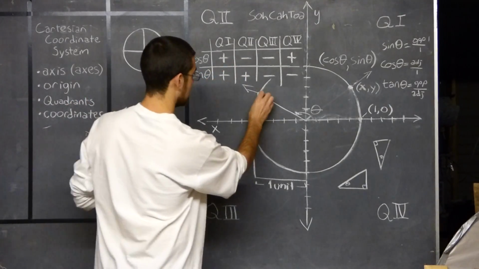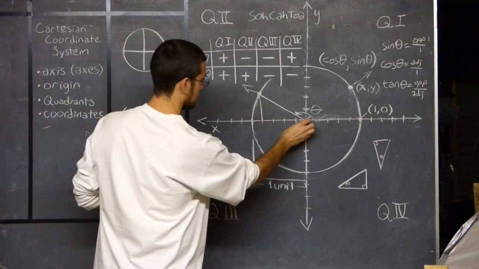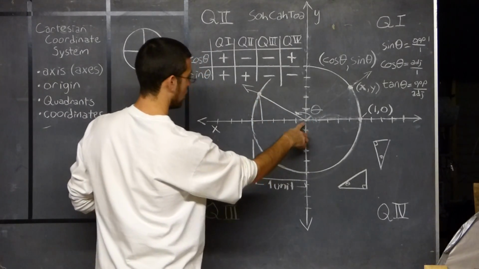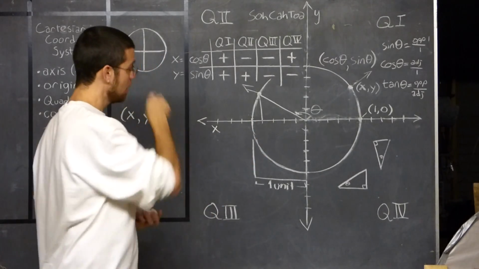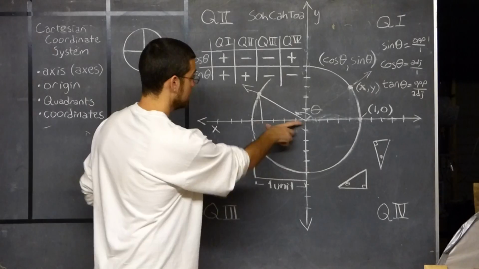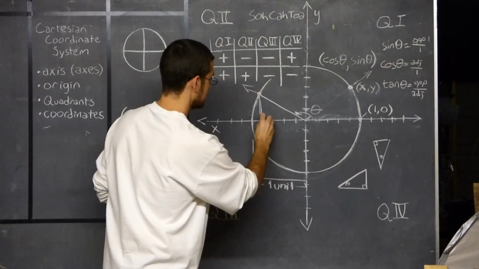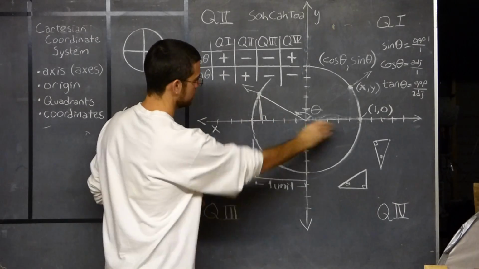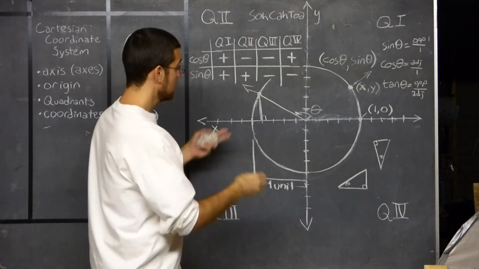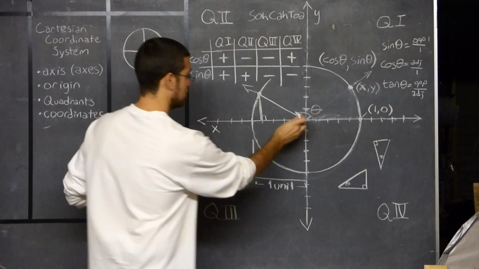Well, that makes sense, because if it's our x-coordinate, that means that we've gone this far in the x direction, which is negative. Now, I dropped this perpendicular line, this line that's perpendicular to our x-axis, and it makes this triangle on this side.